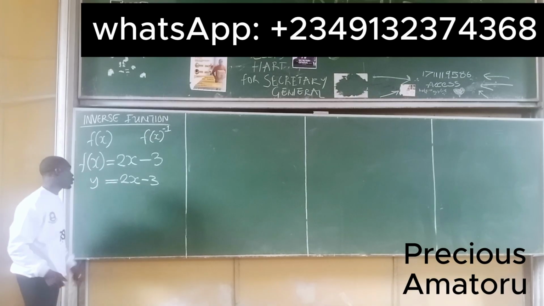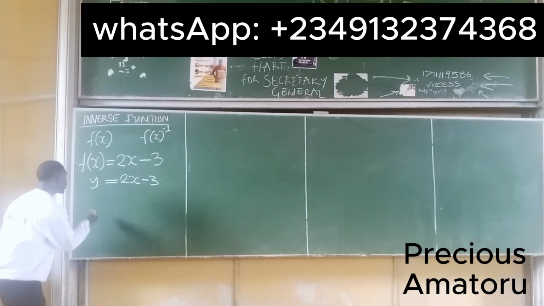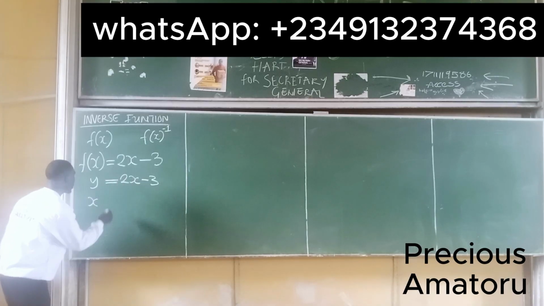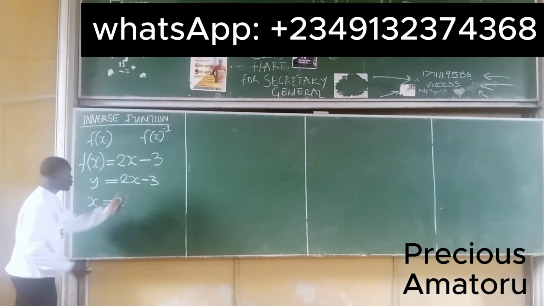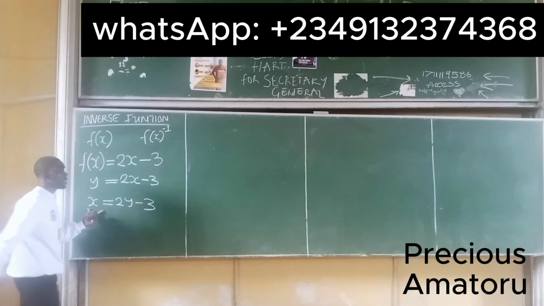I'm going to explain that shortly. Where we have y, we put in x. Where we have x, we put in y. So, instead of 2 multiplied by x, we multiply by y, minus 3.